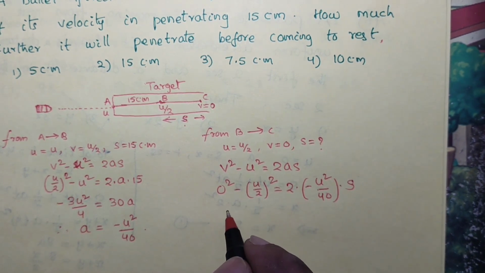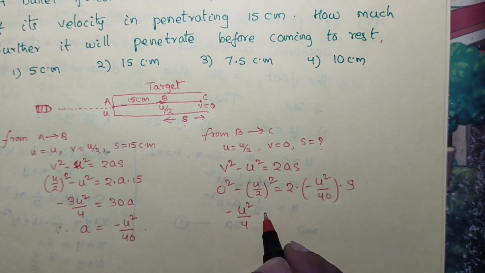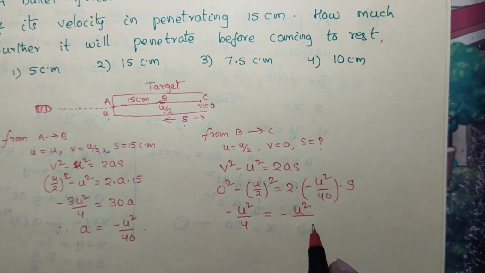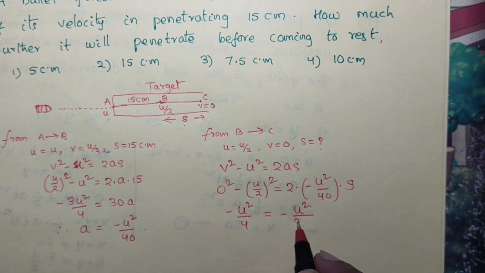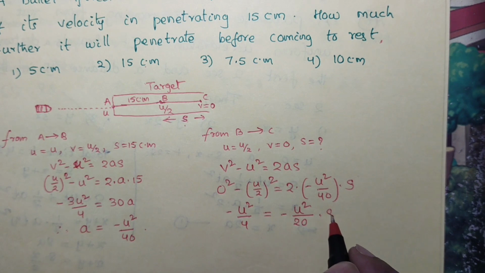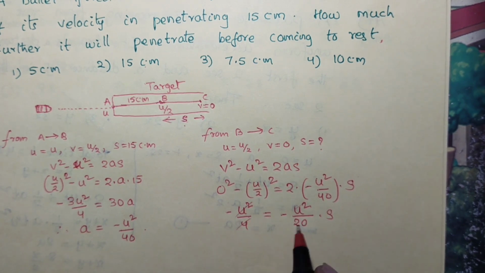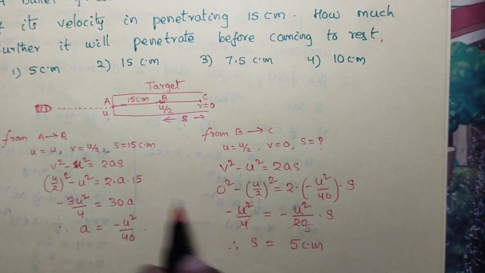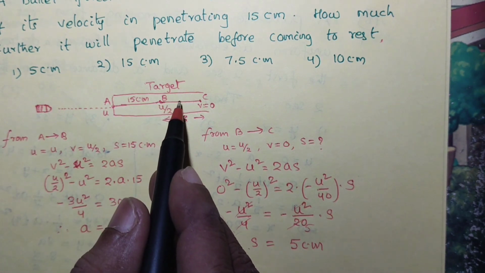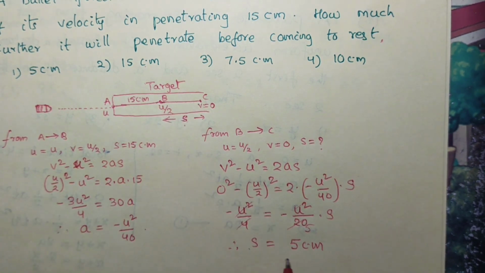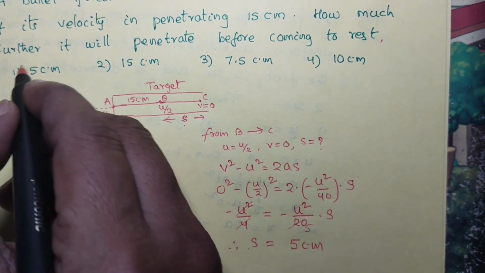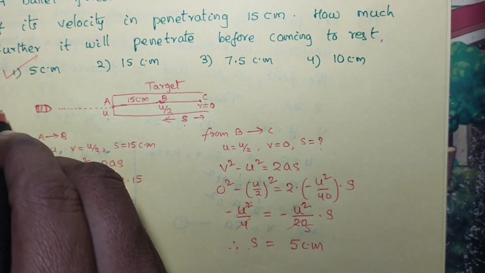So u² cancels, and therefore s is equal to 5 centimeters. So 5 centimeters it will penetrate further. So the answer will be option 1.